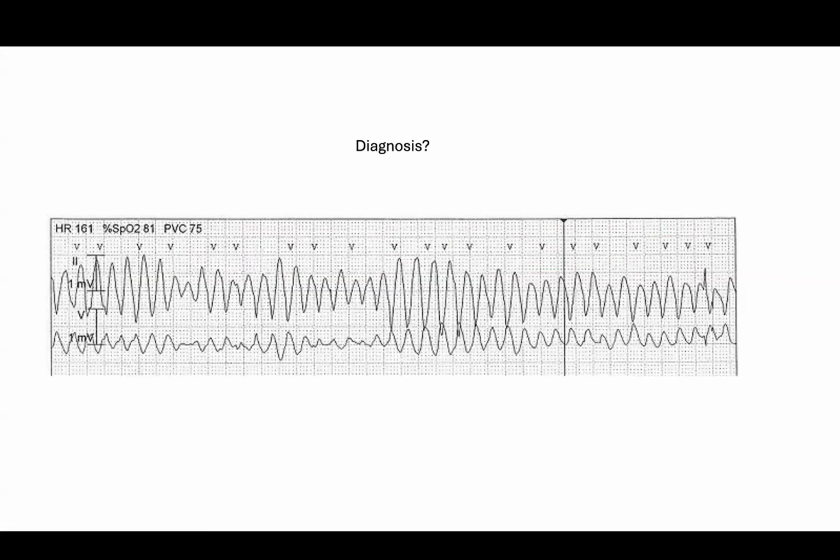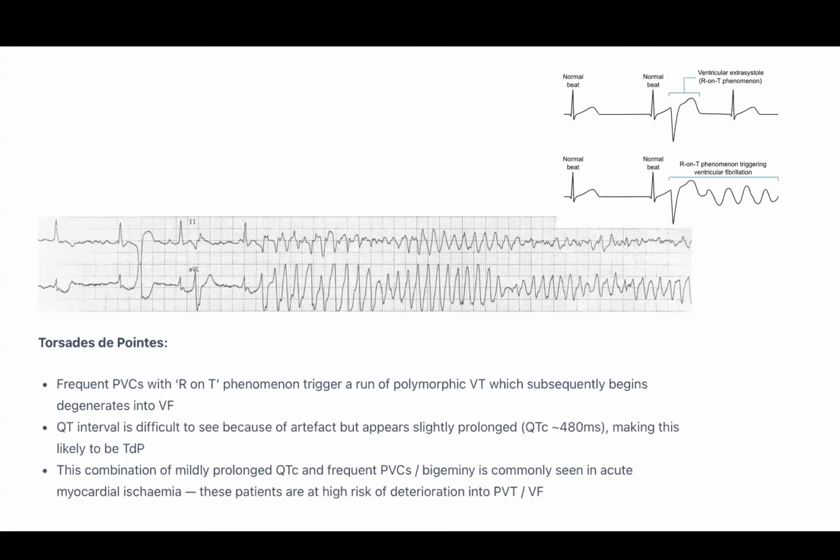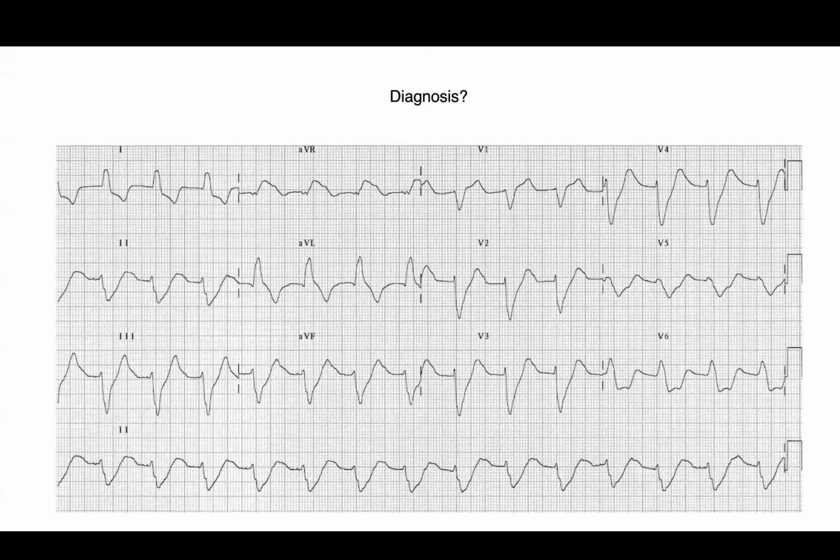Superb. Excellent. Most of you know about it. Any other answers? Anyone else want to add on? Okay. So it's Torsades de pointes. No, it's not monomorphic VT, it's Torsades de pointes. Okay. So what does this ECG show?